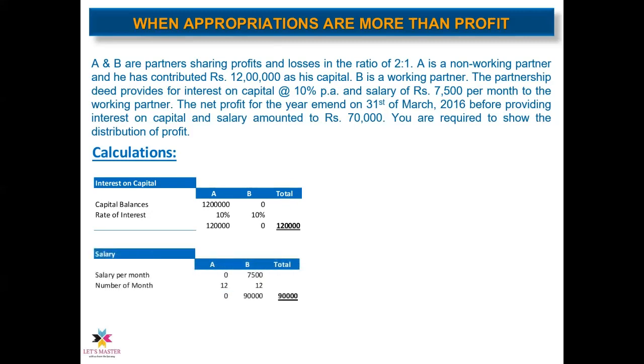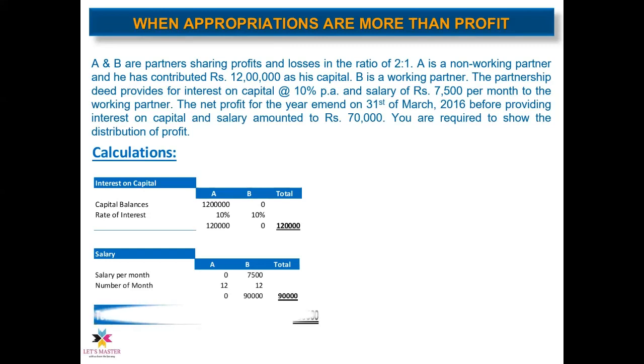If we talk about salary, the salary per month is rupees 7,500 for the active partner, that is B, and A is not supposed to get any salary. So B is supposed to get 90,000 as salary and A is supposed to get 1,20,000 as interest on capital.